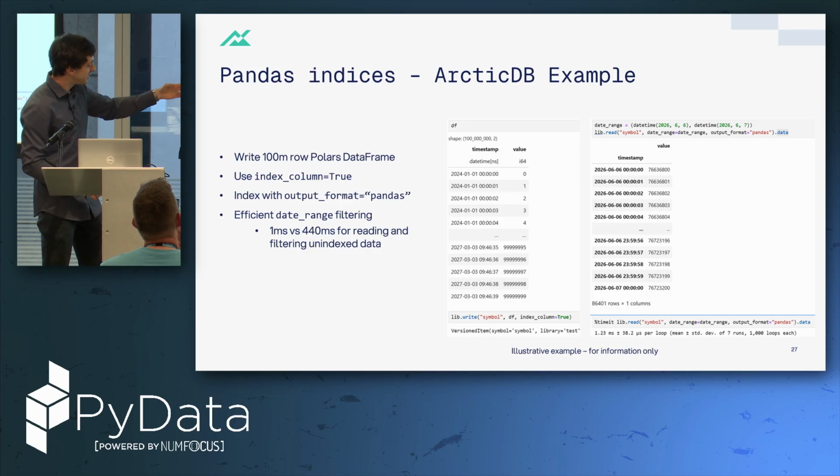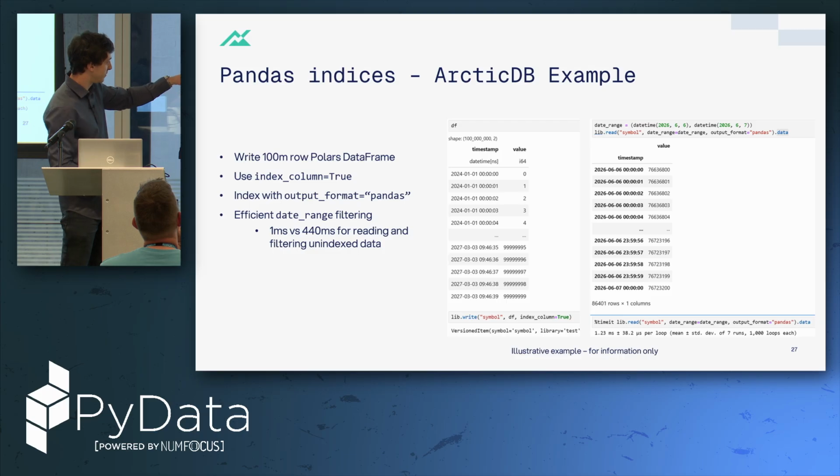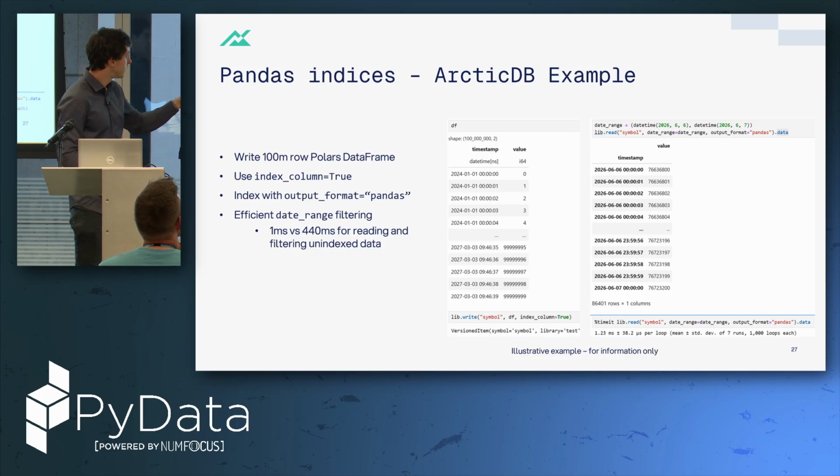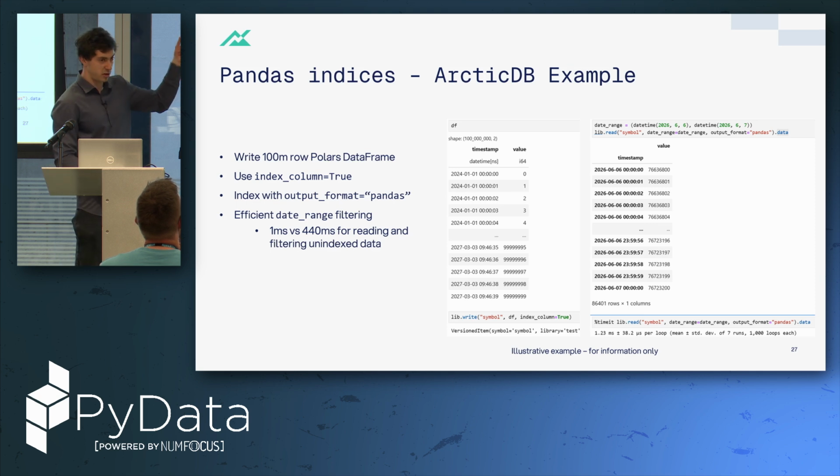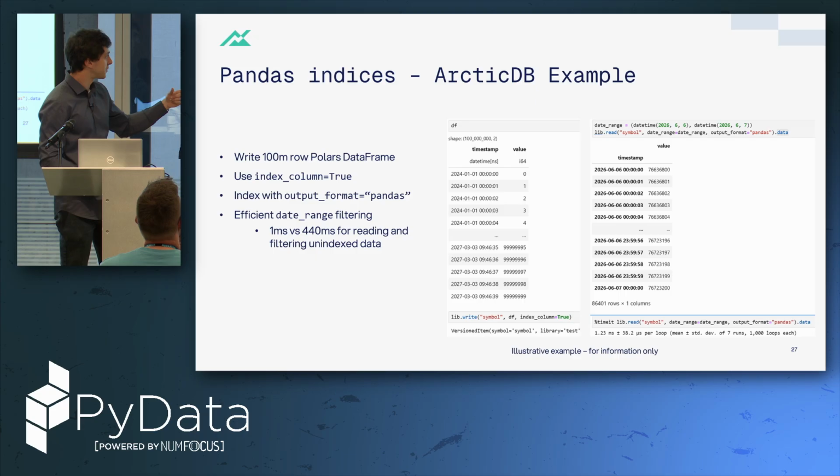When we write it into ArcticDB, where we store it in the library, we write the data frame, and we just specify to use the first column as the index. Then, when we read that back into Pandas, we will represent the timestamp column as the index column.